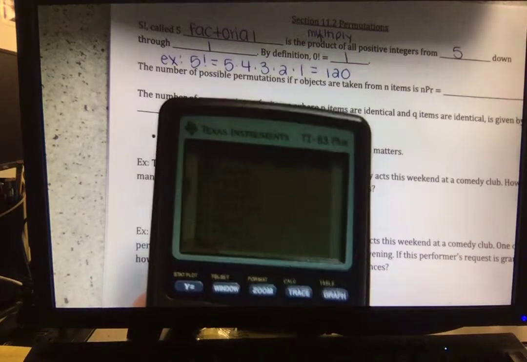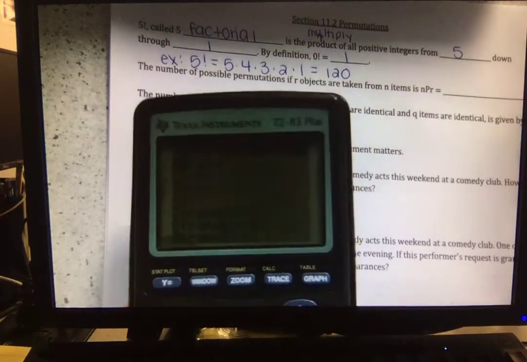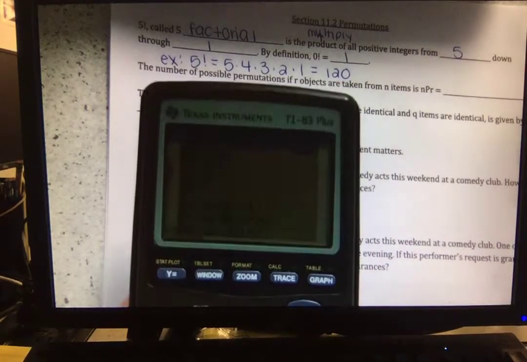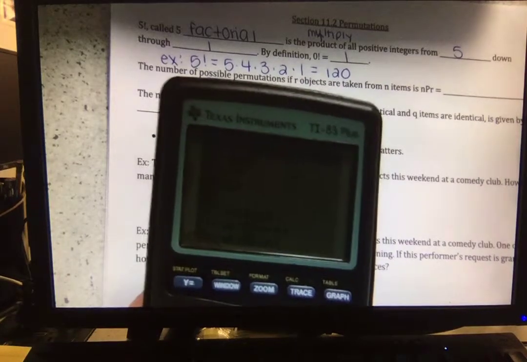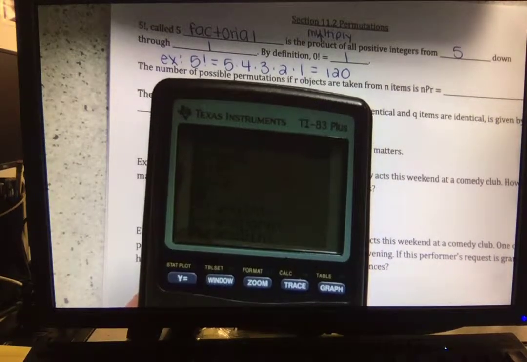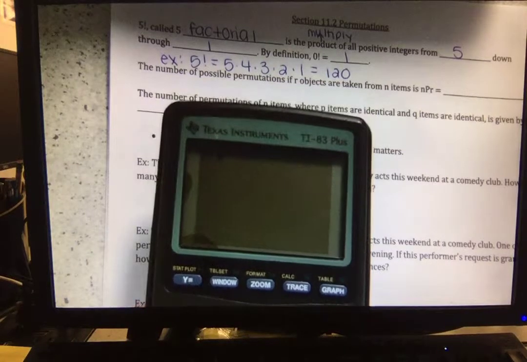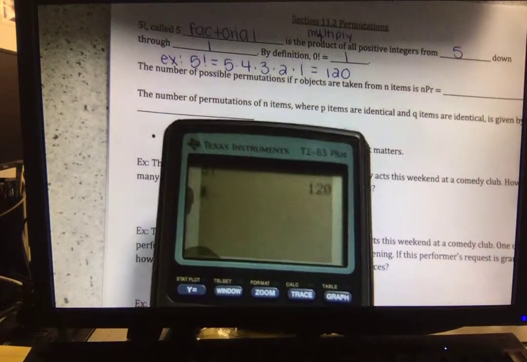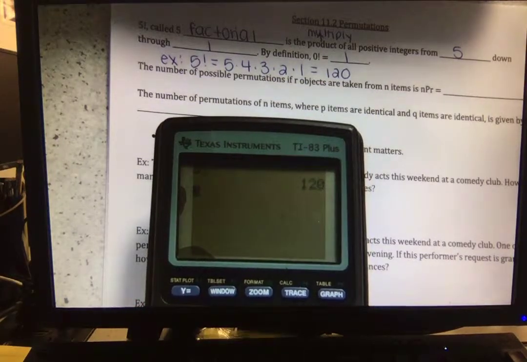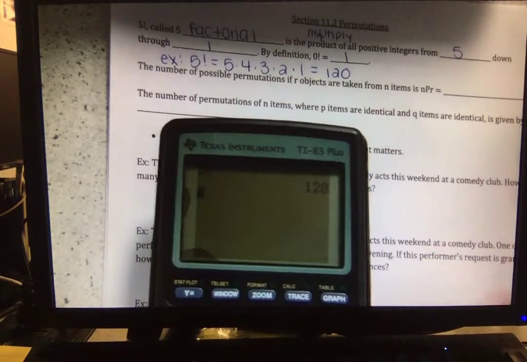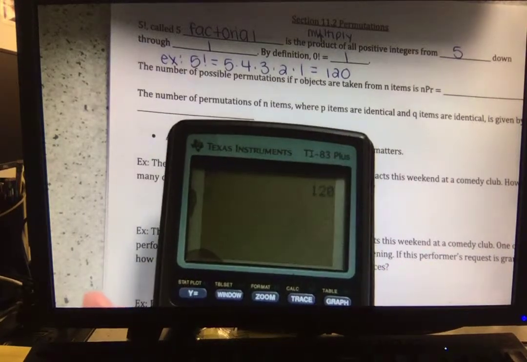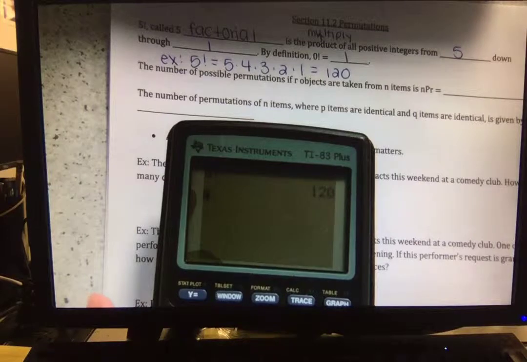We scroll all the way over to PRB, just like on the scientific calculator, and scroll down to number 4. Press enter. You have 5 factorial. Press enter again. Boom, you get 120. Questions about the graphing calculator?